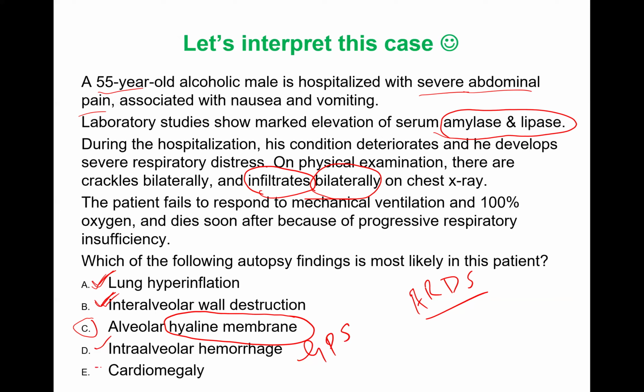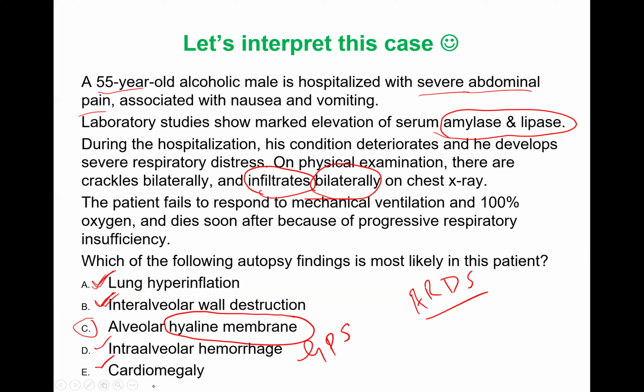And E option, so D is excluded. E is cardiomegaly. If a patient is suffering from cardiomegaly, that means congestive heart failure. So there will also be a long chronic history of respiratory insufficiency that mostly responds to diuretics and inotropic agents to increase cardiac output, and the patient improves also with oxygen therapy.